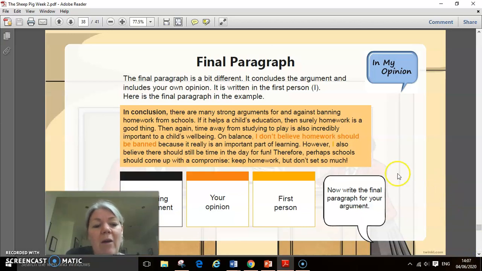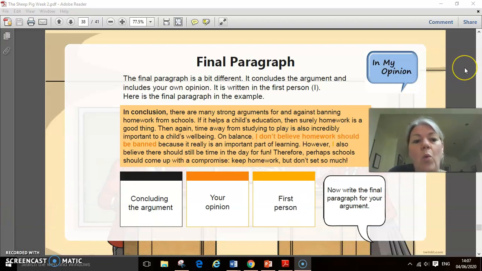So this final paragraph, like I said, is a little bit different. I'm just going to move myself over here so I'm out of your way. It concludes the argument, it's got our own opinion, which means it's going to be written in the first person. So we're going to use I, me and my. There's an example here about homework, and you can see the orange text: I don't believe homework should be banned because, and it's given a reason why.